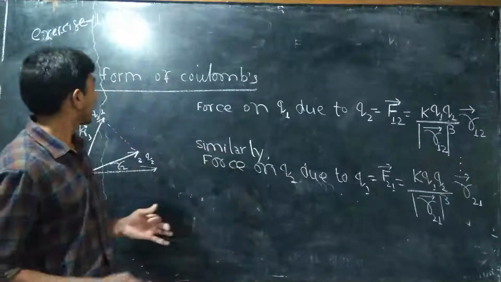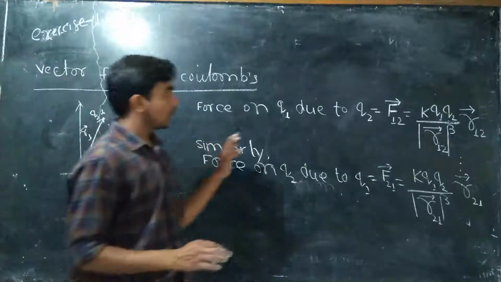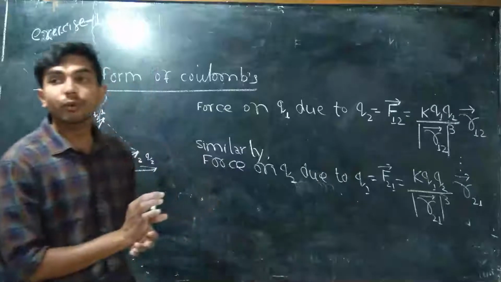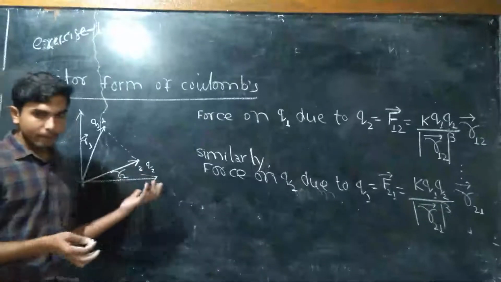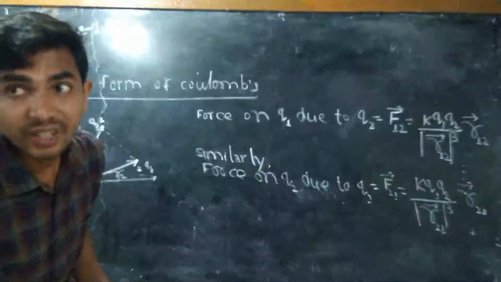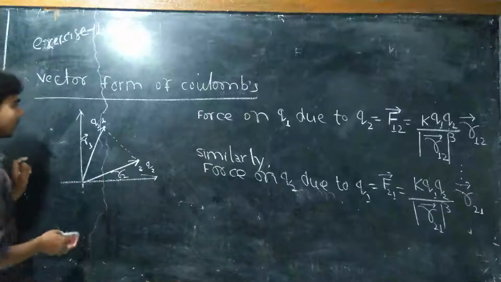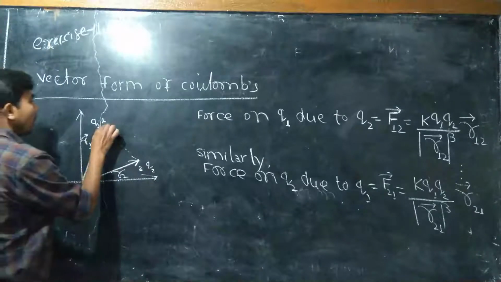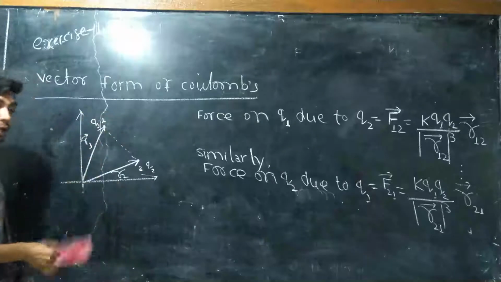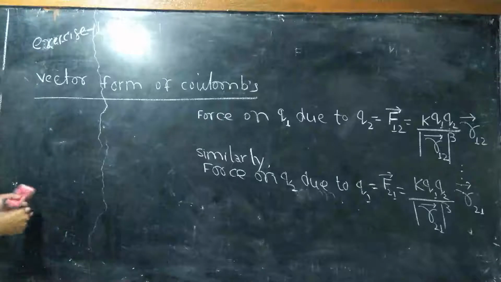Okay. So now with the help of this formula I am going to find force between two charges, or I am going to take one example, we can say like that, okay? So this is the formula, right? Now suppose I am going to take an example.